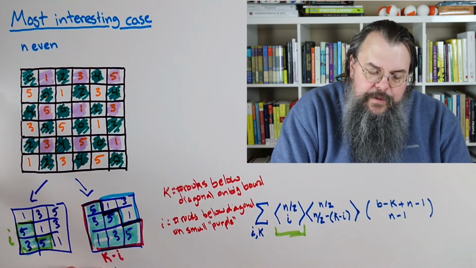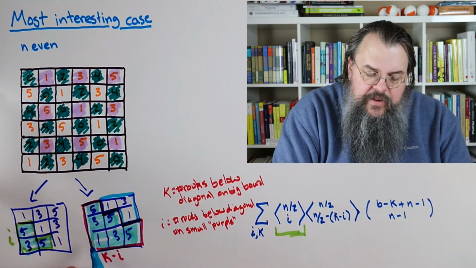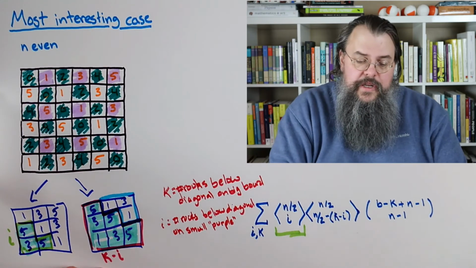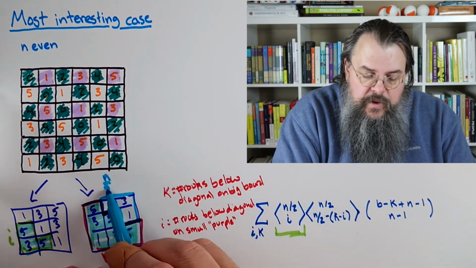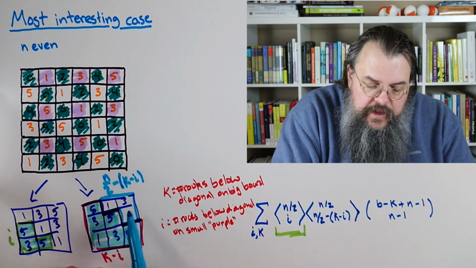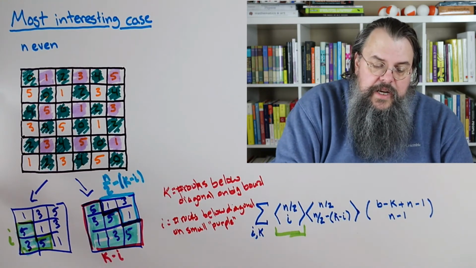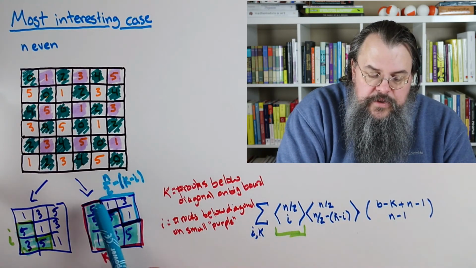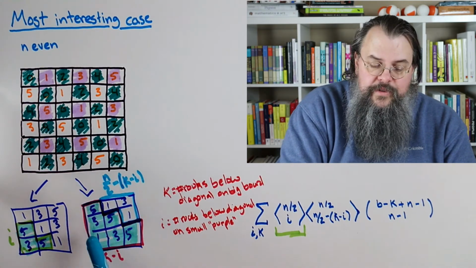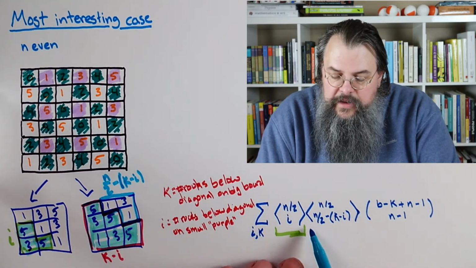So, in particular, if there's k minus i rooks down here, and there's a total of n over 2 rooks on the board, that must mean that there's n over 2 minus (k minus i) rooks that sit up here. So we can count the number of ways to put n over 2 minus (k minus i) rooks in this slot right there, which puts the right number of rooks in the part we need. So that's where we get our next term.